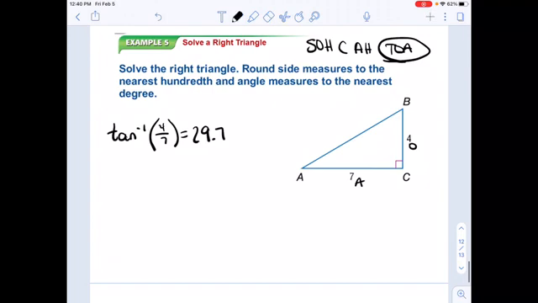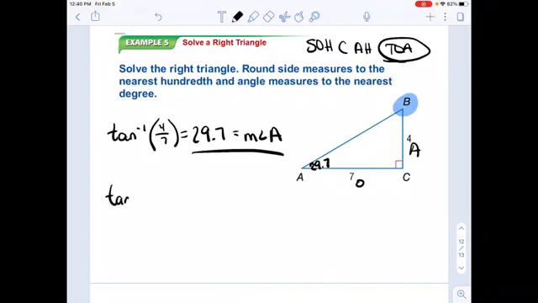Then you could actually just finish solving using other techniques. I'm going to keep using trig stuff just to show you everything out. We need to find the measure of angle B, and maybe I should mark this out. Measure of angle A. We need to find the measure of angle B. We still have opposite and adjacent, but this time they switch around from the perspective of angle B. So we have the inverse tangent of opposite over adjacent.